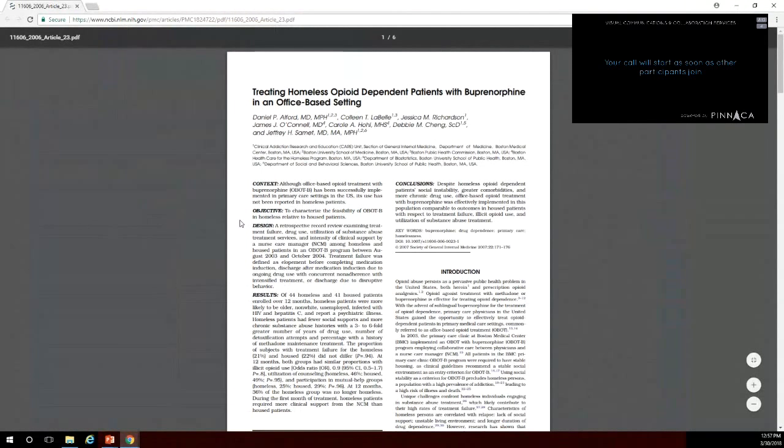And it seems that providing more clinical support to homeless patients with opioid use disorder is helpful for them. The conclusion of this article is that just because someone's homeless doesn't mean they can't receive office-based buprenorphine naloxone treatment.